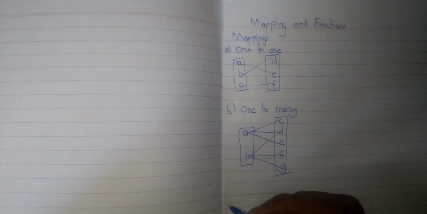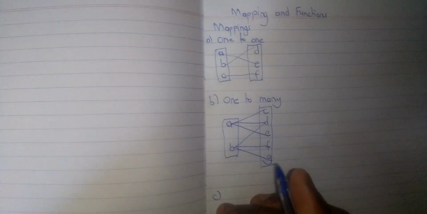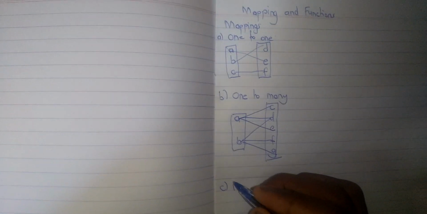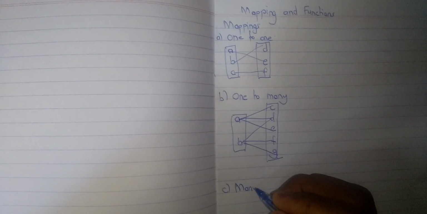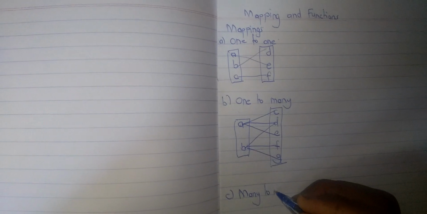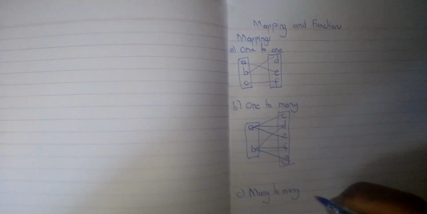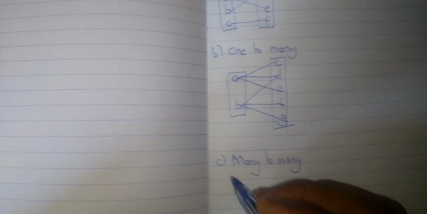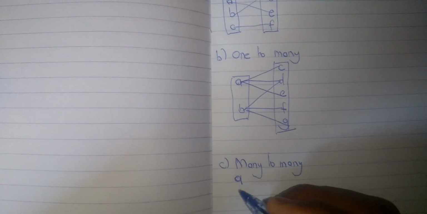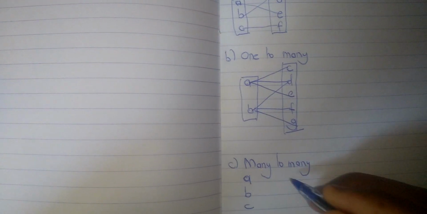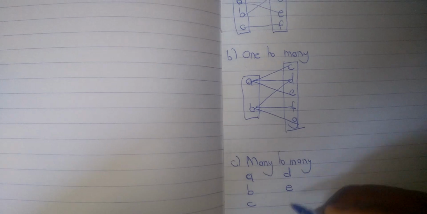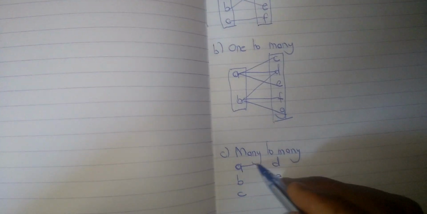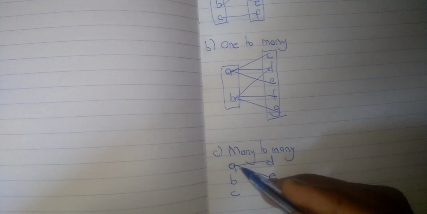We can still have another kind of mapping which we can refer to as many to many. For example, I may have my A, B, C, and maybe here D, E, F. You find that this A is mapping to this, and maybe that.